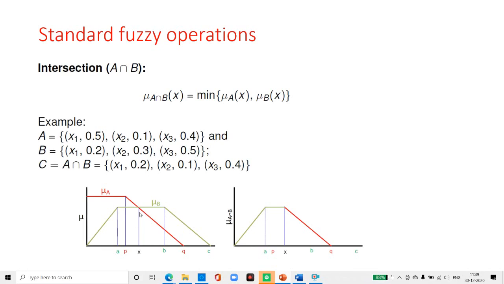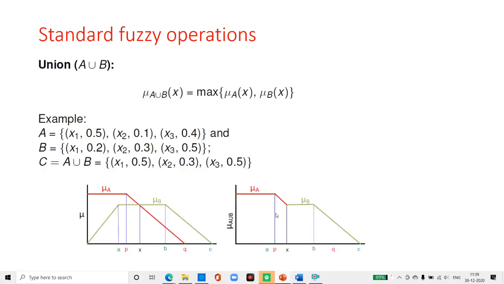So here this is the intersection. This part is for A and this part is for B. This part belongs to set A and also set B, so the region is this. But in a union, this region is the B region and this region is the A region.